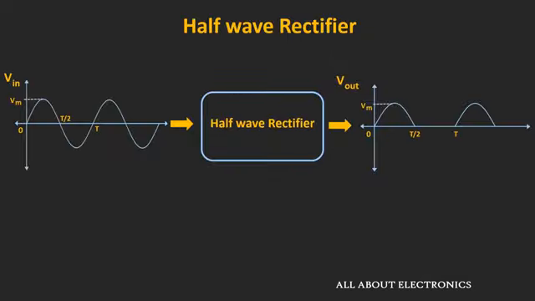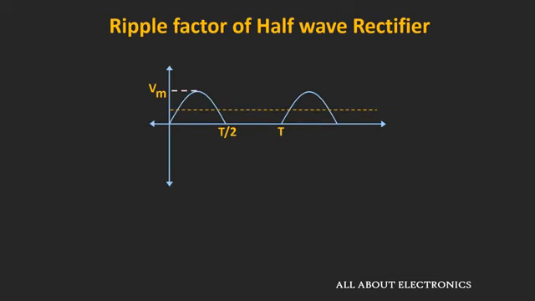Now we know that for the half wave rectifier, when we apply a sine wave as an input, we will get this kind of waveform at the output. If you observe the output waveform after the rectification, it is not purely DC output. Basically it is a pulsating DC and it has some finite AC variation in the output.